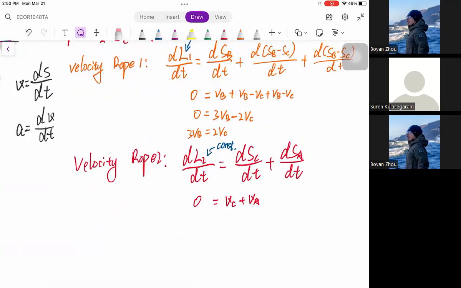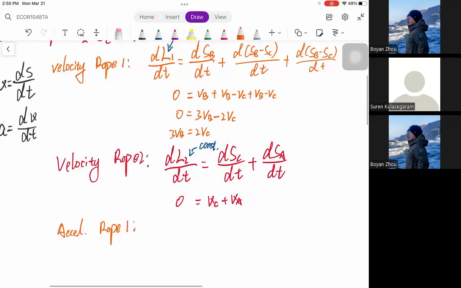We just need to do the derivative again for the acceleration function. So that is going to be fairly easy. I'll keep it like 3 VB minus 2 VC is equal to 0.